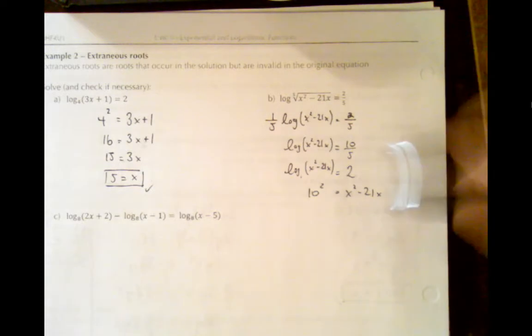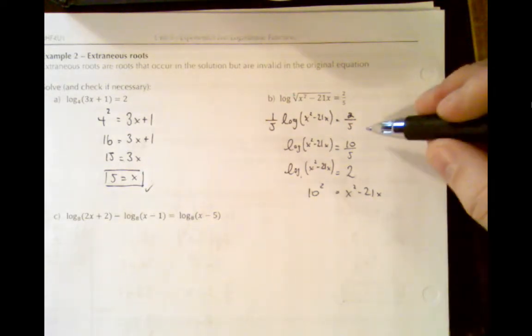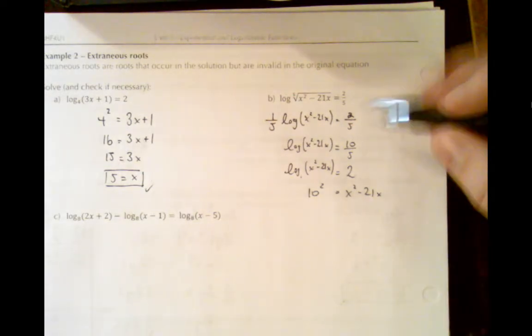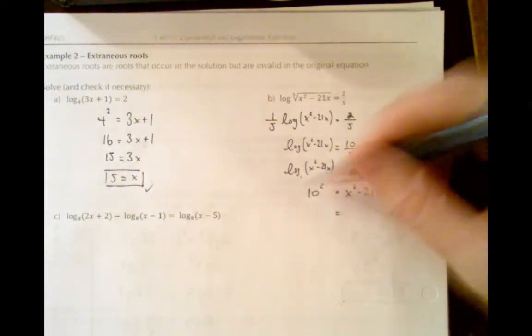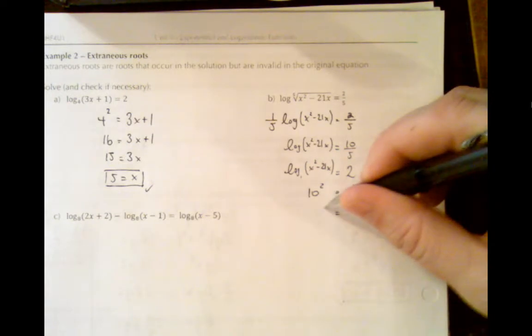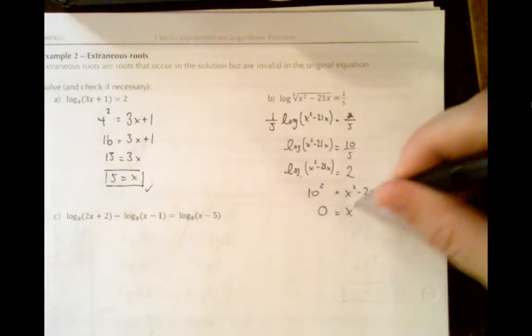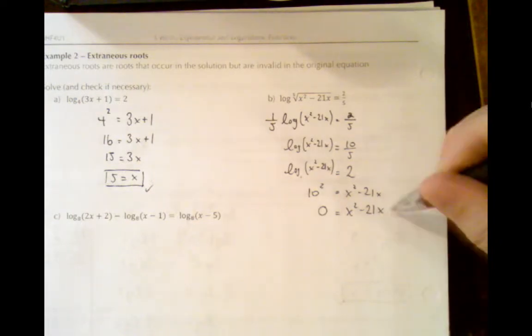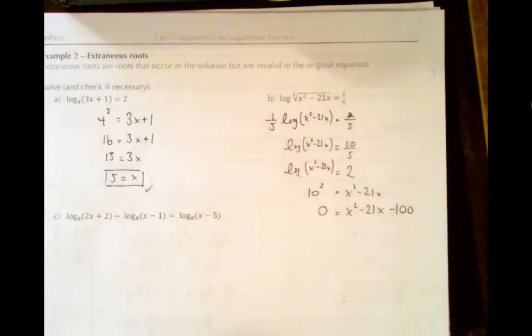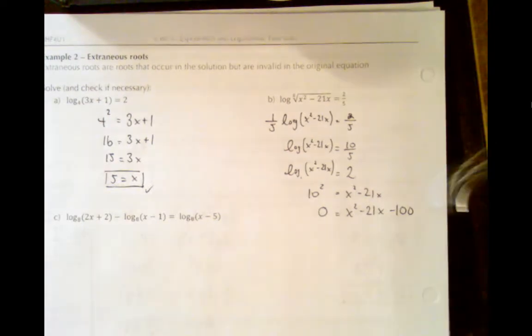I'm going to work down here, this column here, and kind of invade the space of C. 10 to the exponent 2 is 100, and if we subtract 100 on both sides, we can isolate our quadratic here on the right side. So that would be -100. And now we have a quadratic that we can try to factor, looking for numbers that multiply to -100 and add to -21.